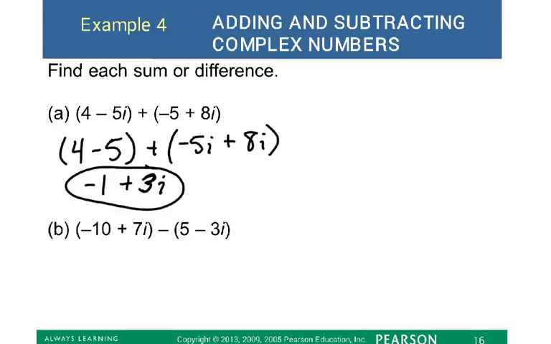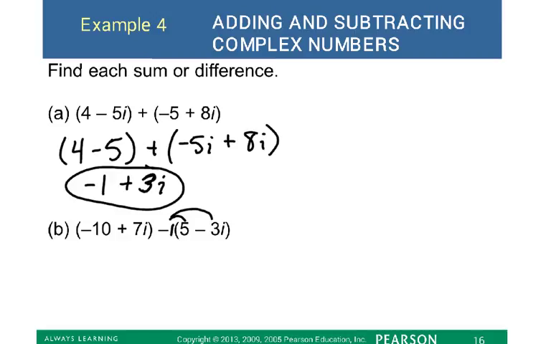Now the next one, we are subtracting. There's two ways we can go about doing this. I'm going to show you one way, by distributing that negative throughout this second term first beforehand, okay?